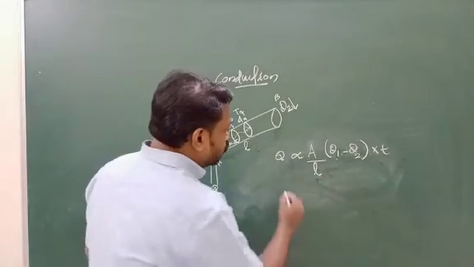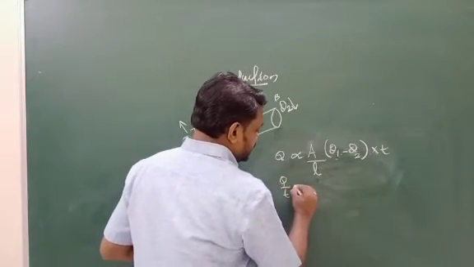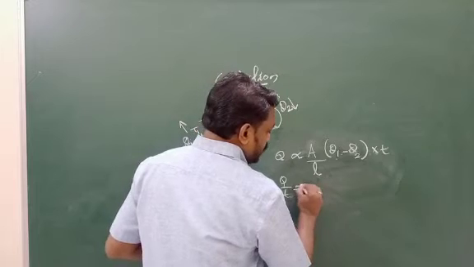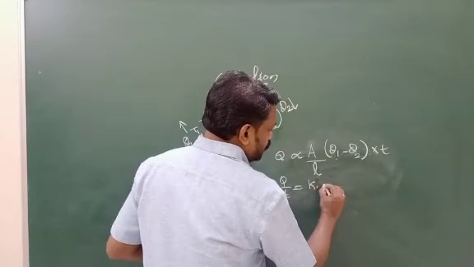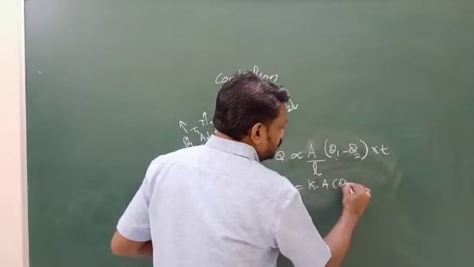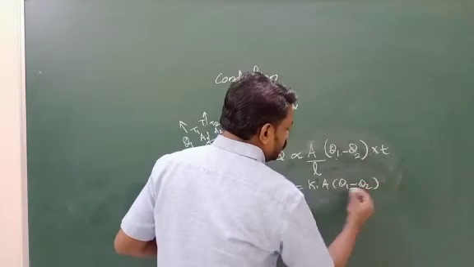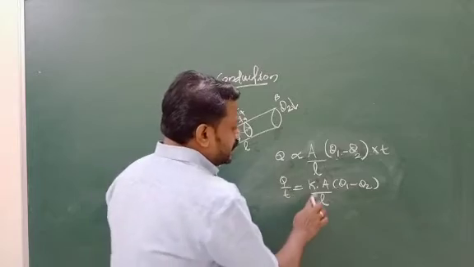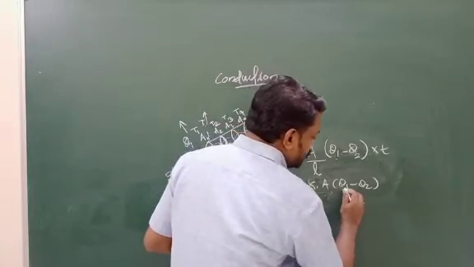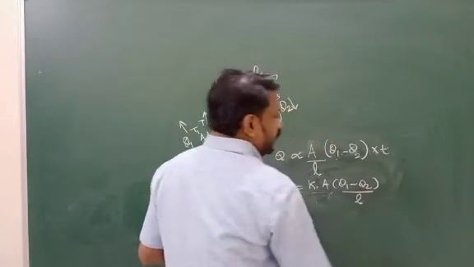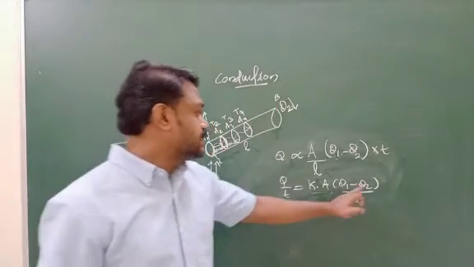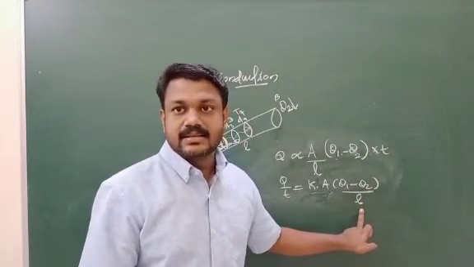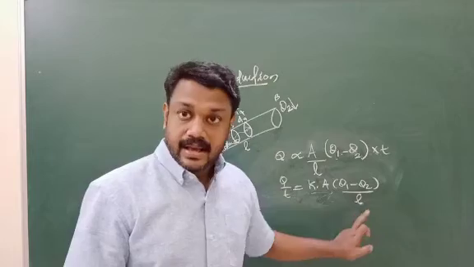So we can say that Q by t is equal to K into A into theta 1 minus theta 2 divided by L. Or you can take this theta 1 minus theta 2 divided by L together. That is change in temperature with respect to length. So that is temperature gradient.